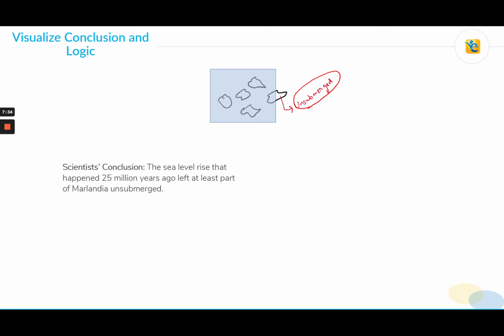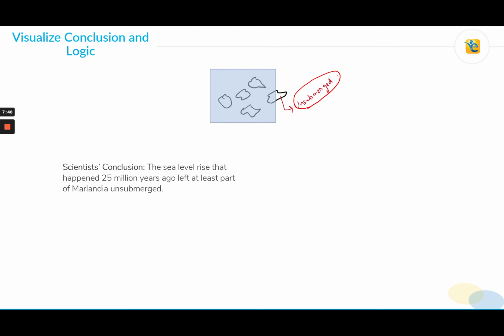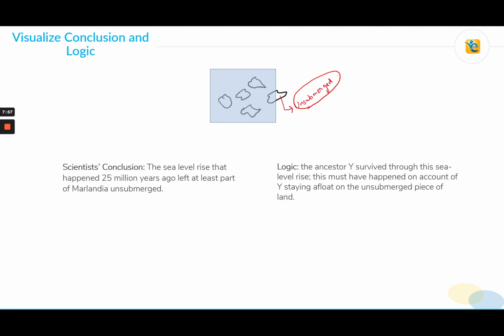That's the conclusion. Now, this entire argument gives you a lot of information. You're talking about a modern day species that is X, you're talking about a fossil, you're talking about an ancestor that is Y. What is the actual logic which is the basis of this conclusion? It's very simple. It boils down to one simple fact, that the ancestor Y actually survived.